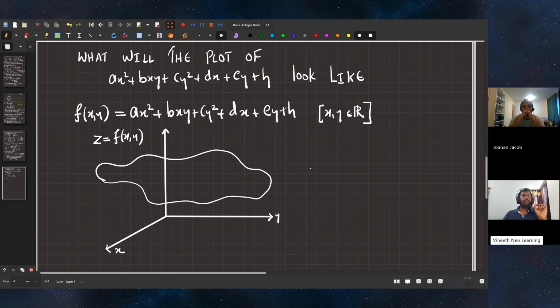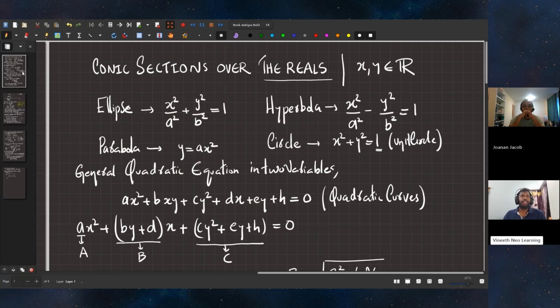For this to be an equation, meaning when this equals 0, there is no equality involved. This is just a polynomial. But we are interested in an equation: for what values of x and y will this be equal to 0?